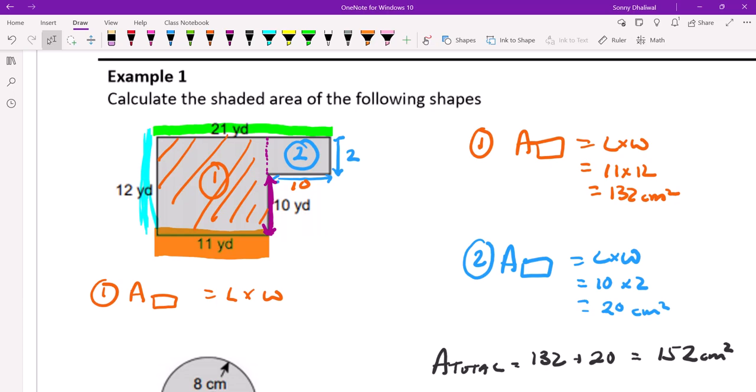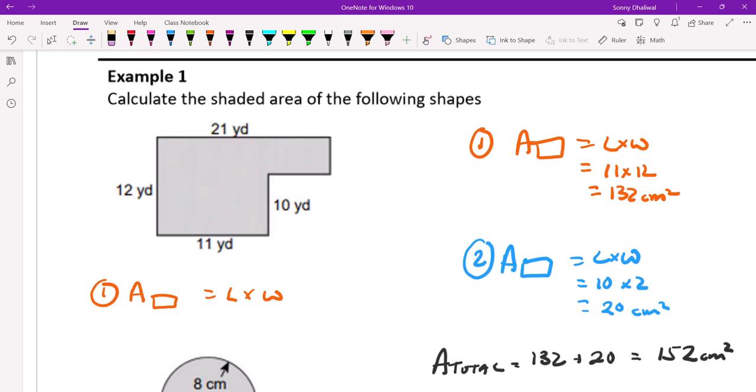All right. So now you don't have to write down this method here, but another way of looking at this is, I'm going to erase all of this right here, you could have found the area of this rectangle here.